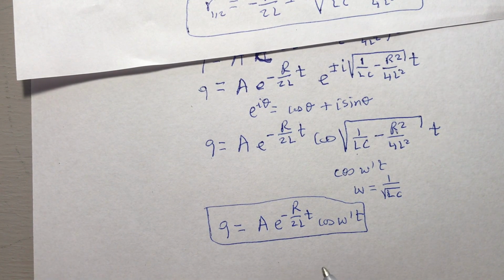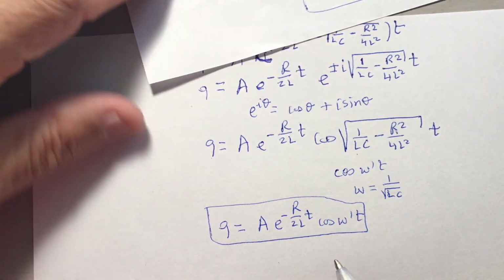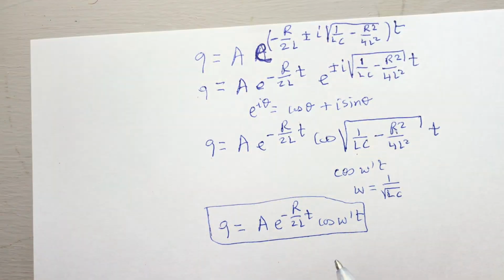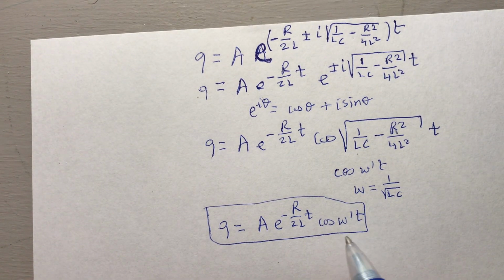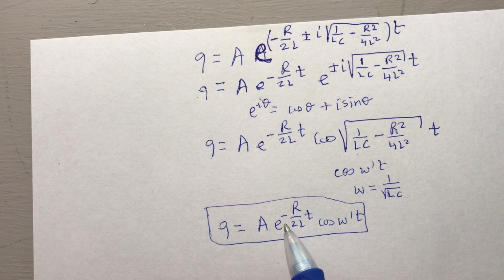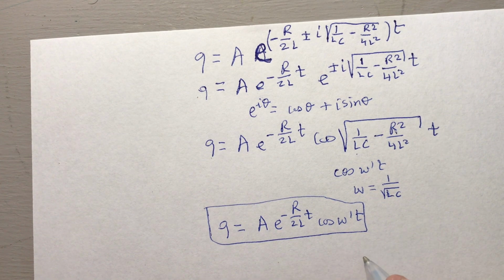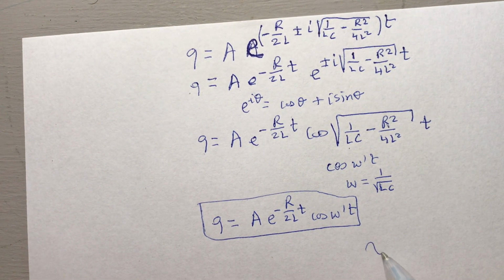Now we have two things interacting here. We have the cosine of t, and then we have the exponential of t. Remember, the cosine tries to oscillate. The exponential, with its negative sign, tries to go down.